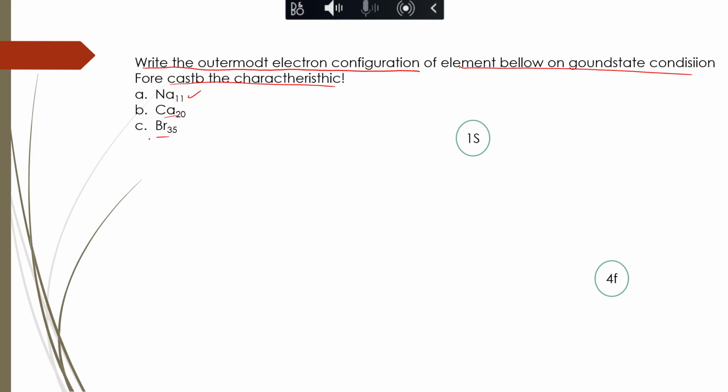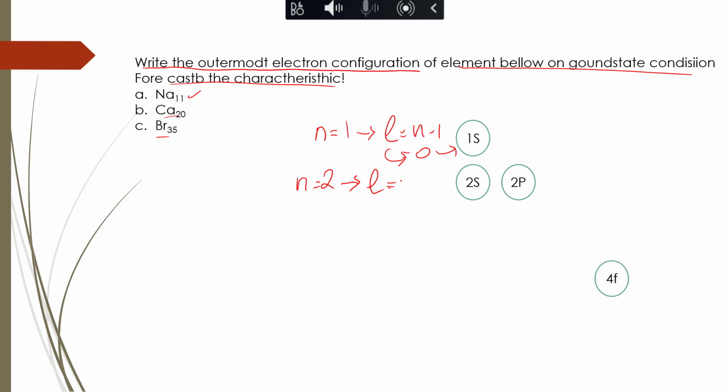As I mentioned before, in the first shell we have only the subshell s, because n equals 1, so l is n minus 1, which is only 0, and 0 is only the subshell s.